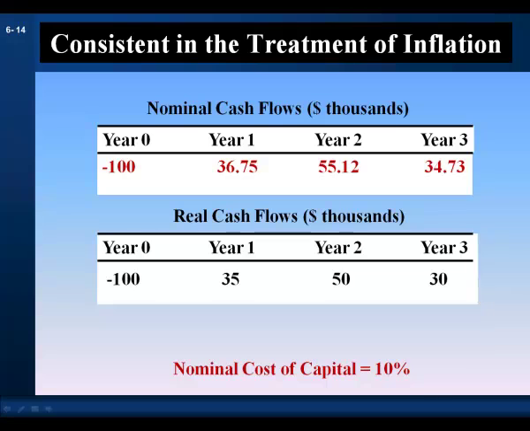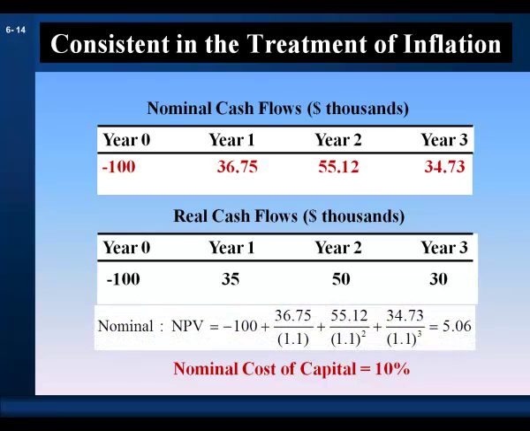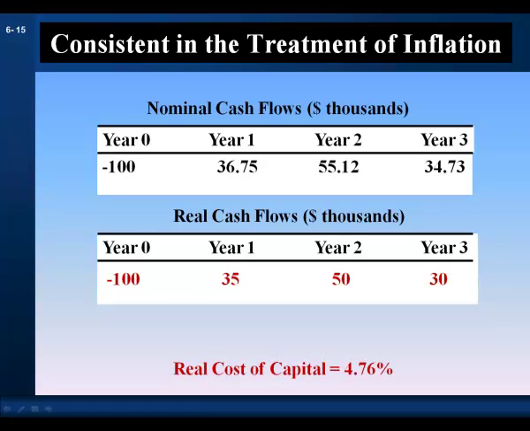Given our nominal cash flows, let's find the net present value of that nominal cash flow stream by discounting it by a nominal cost of capital of 10%. The net present value, discounting the nominal cash flows by a nominal cost of capital, is 5.06. Now let's find the net present value of the real cash flows by discounting the real cash flows by a real cost of capital of 4.76%.